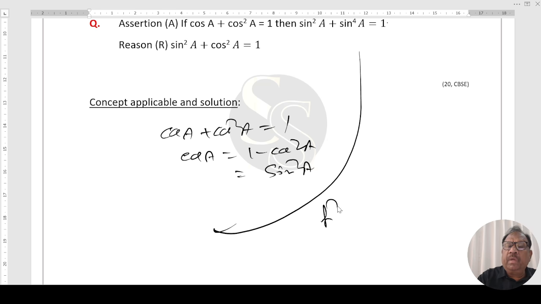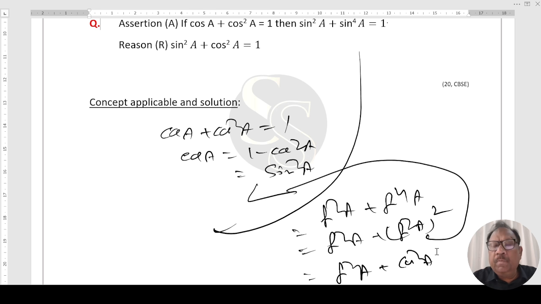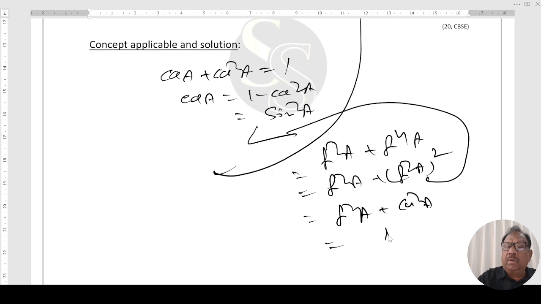Now using this, sin square a plus sin 4 a, that is sin square a plus (sin square a) whole square. We use this here: sin square a is replaced by cos a, so cos square a comes, and sin square a plus cos square a is equal to 1.